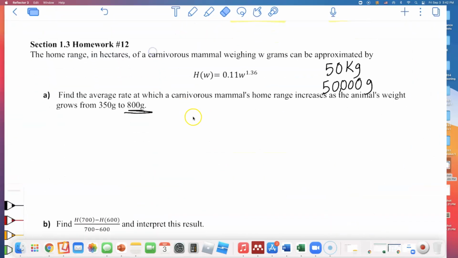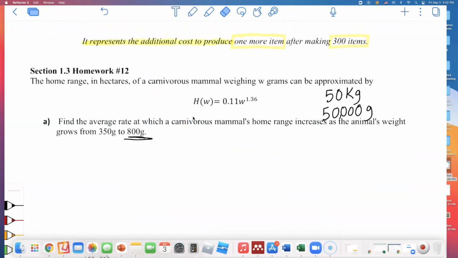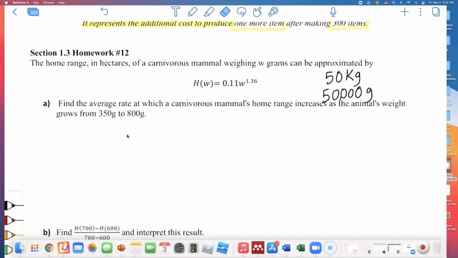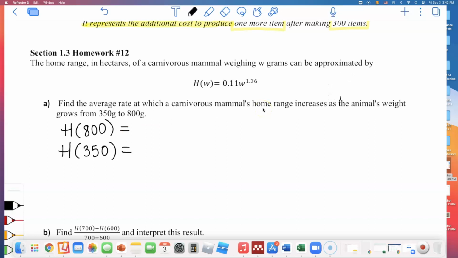Okay, but anyways, so W is going from 350 to 800. What will happen to their home range? I'm going to find H of 800 and H of 350. We'll plug in and find how big their home range is.